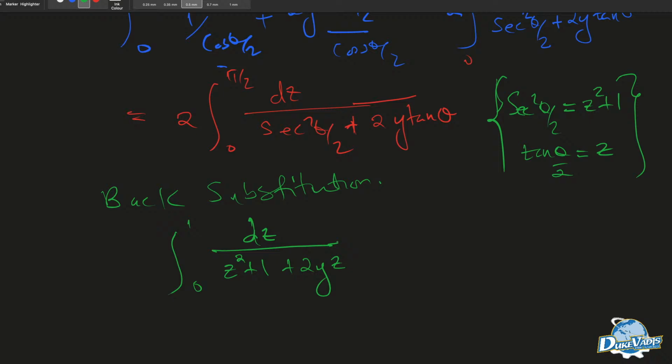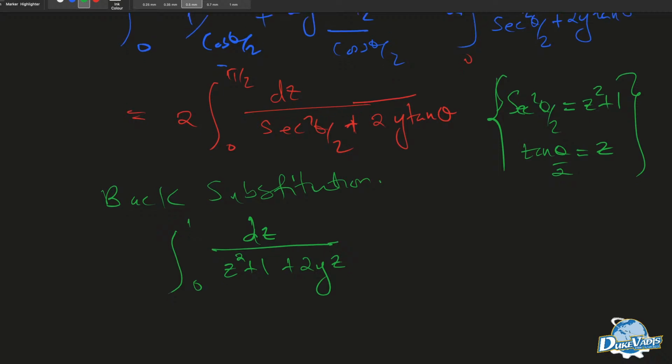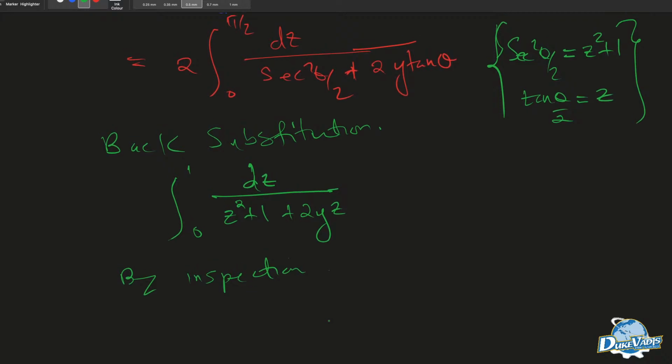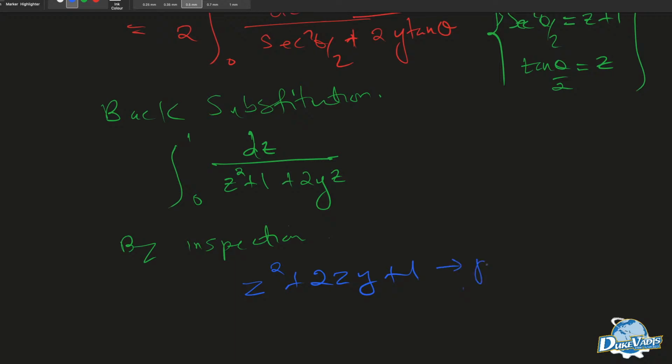So you see we have a different expression at the moment, but if we look at it very well by inspection, you will see that the denominator, which we can write as z squared plus 2zy plus 1, is a polynomial.